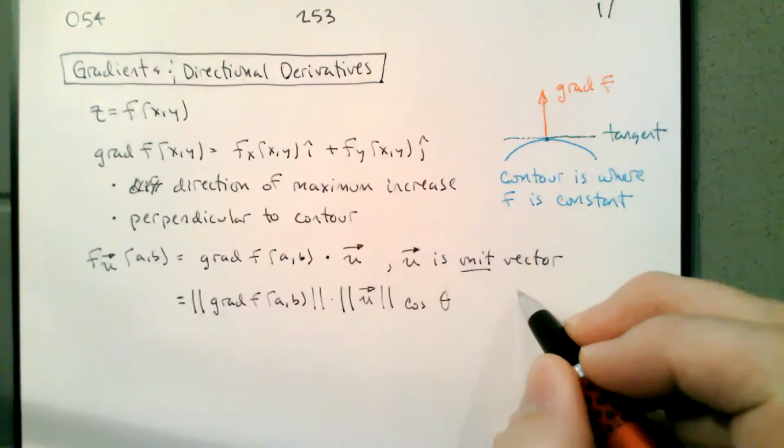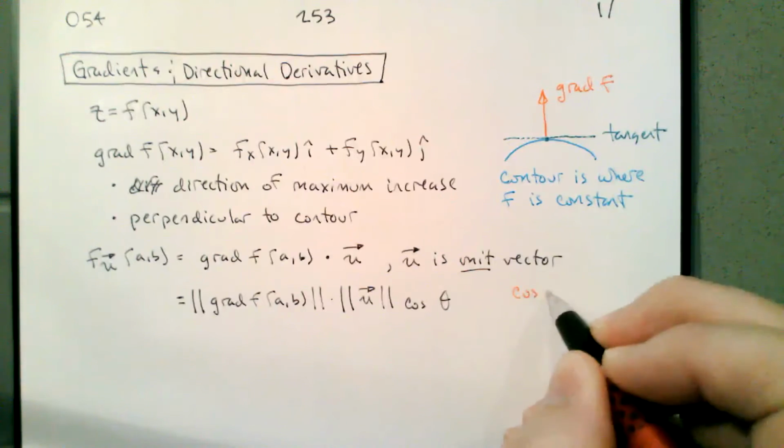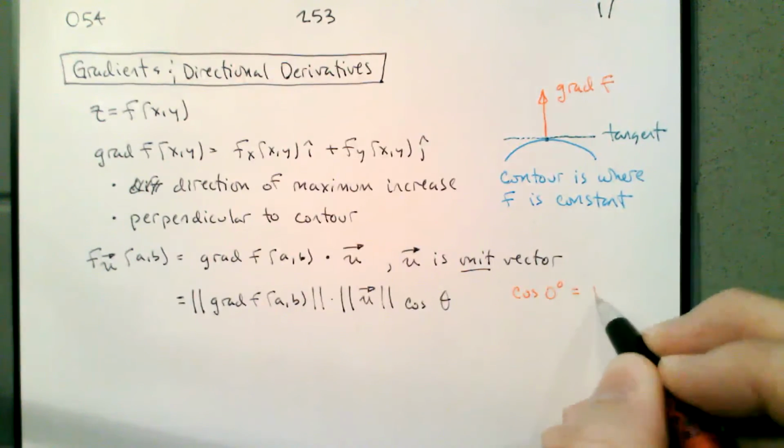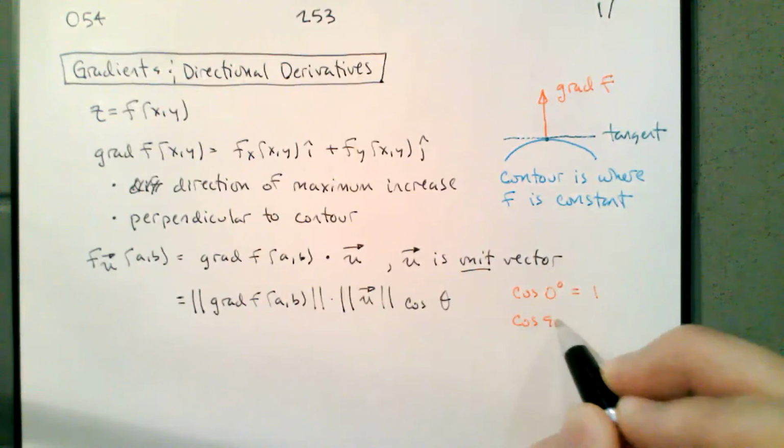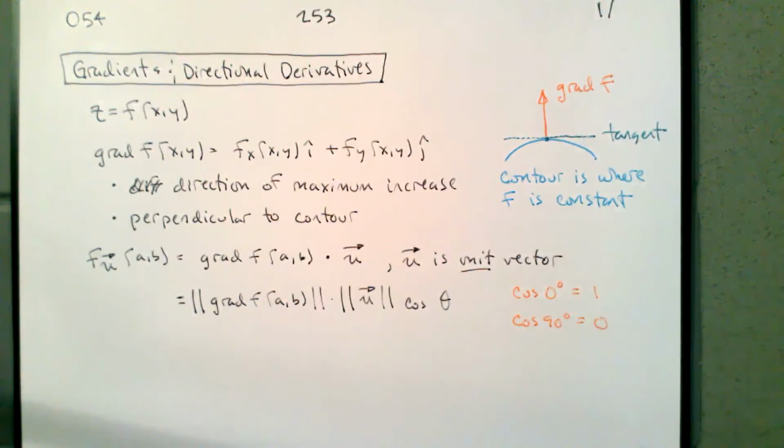We know that cosine of 0 is equal to 1, and the cosine of 90 is equal to 0. So if the angle between the gradient and the direction we care about is 90 degrees, the directional derivative will be 0.